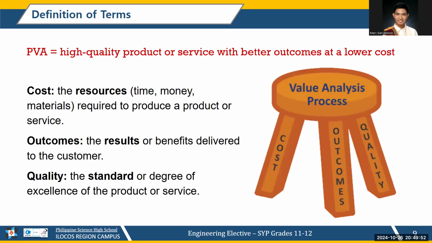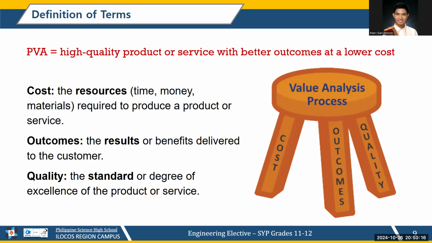Again, PVA means high quality product or service with better outcomes at a lower cost. When we say cost, this does not only involve money, but at the same time, the time and even the materials or resources needed or required to produce the product or service.